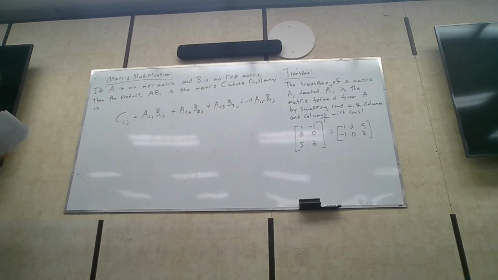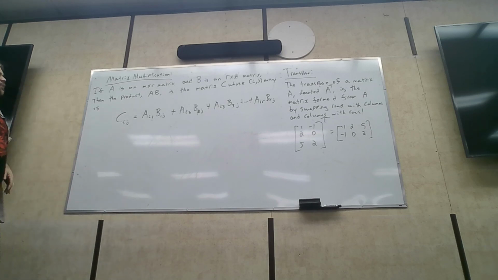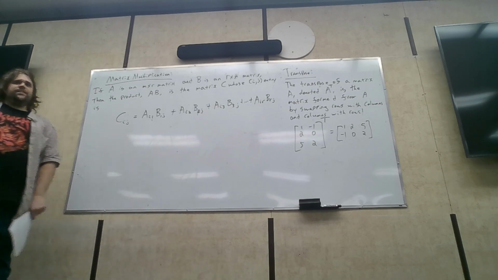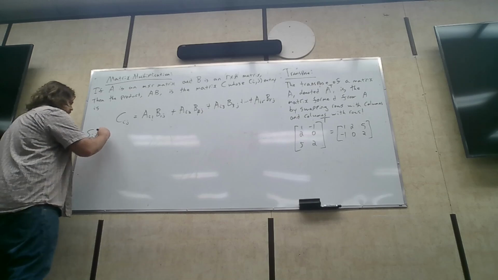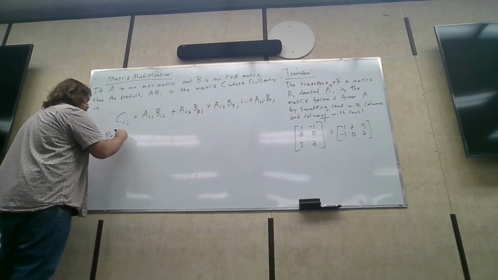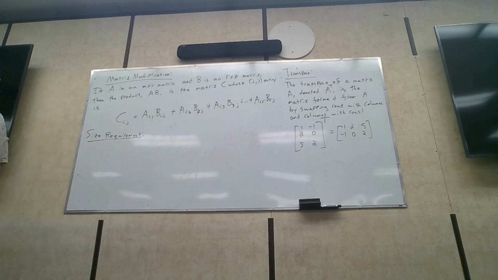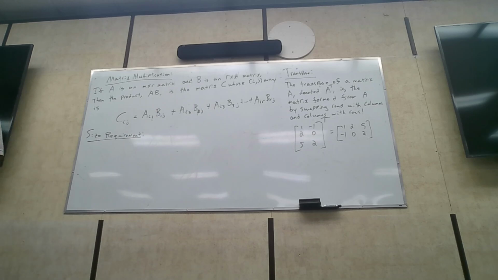Now, again, we'll talk about how to do this without the formula, but there is something important to note here. There is also a size requirement for multiplication. It specifically has to do with, you see how we have this r? That's what's called the inner size of the product.